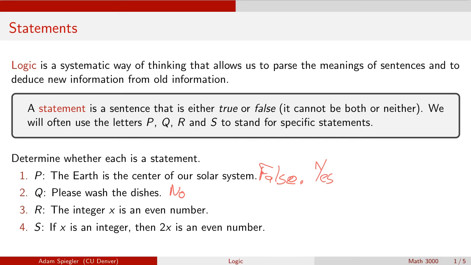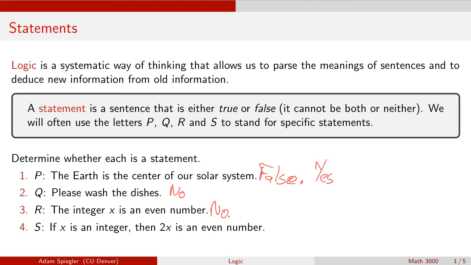Sentence number 3 says, the integer x is an even number. And so this statement here is sometimes true and it is sometimes false. It depends on what the value of x is, right? So if x was 3, that would be a false statement. If x is equal to 4, that would be a true statement. So in this case, in 3, this is not a statement since we can't determine whether it's true or false.